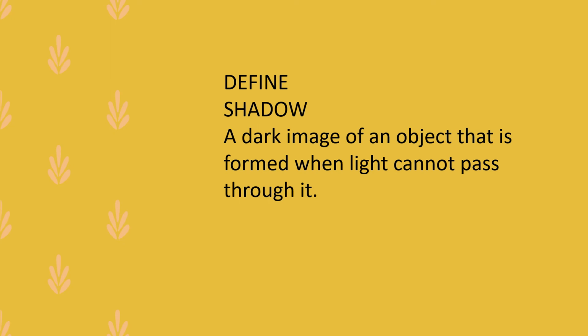A dark region formed by an opaque or translucent object when it blocks light is called a shadow. There are a few things which are needed to form a shadow. Those are a source of light, an opaque object, and a screen on which the shadow is formed.